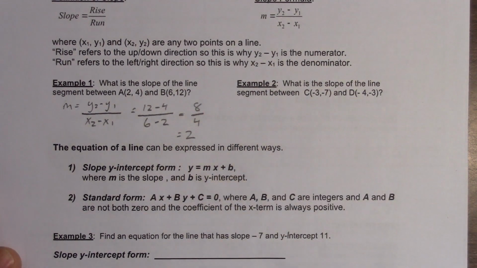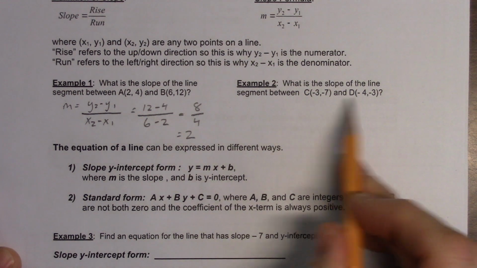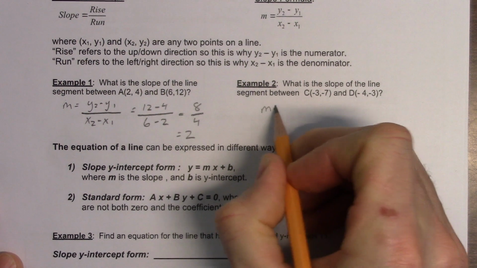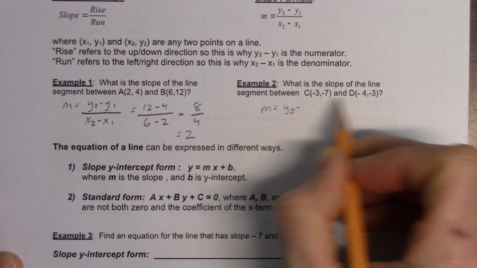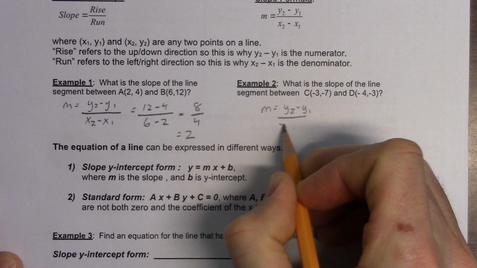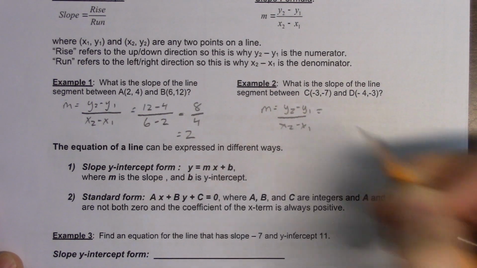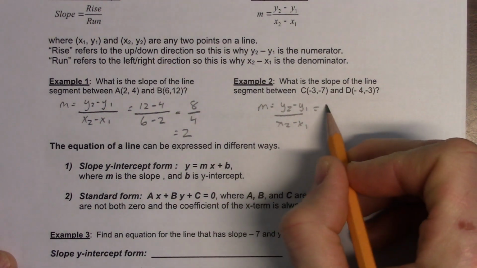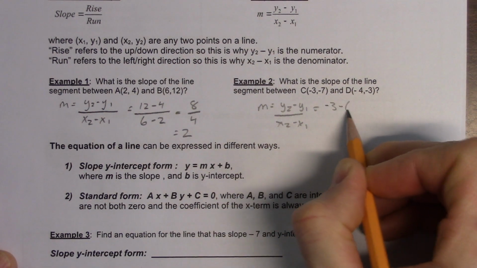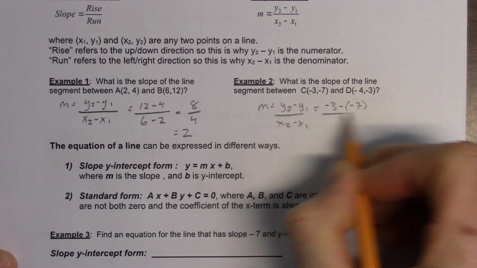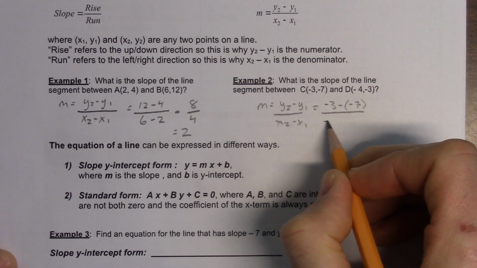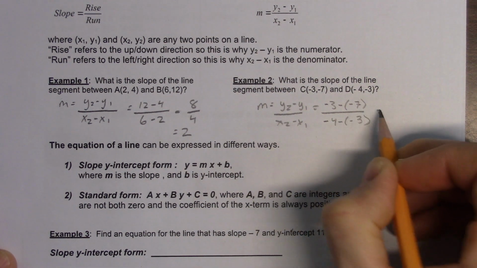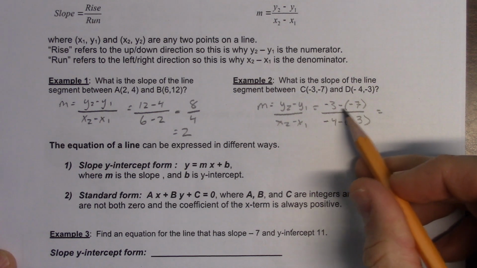Example 2, what's the slope of the line segment between these 2 points? RC, what's the slope of this? Okay. What's this? Negative 3 minus 7.